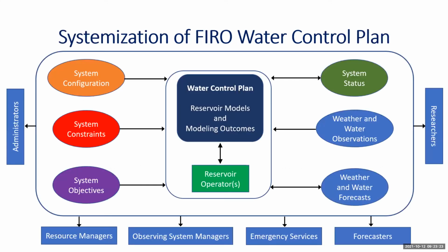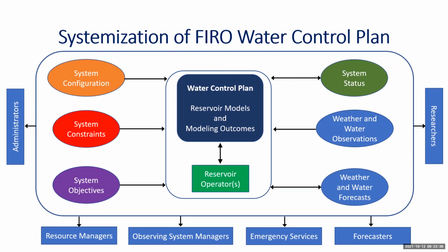And then lastly, if we look at what we really need to be doing as a part of building these decision support tools, we need to look at systemization of a water control plan, right?